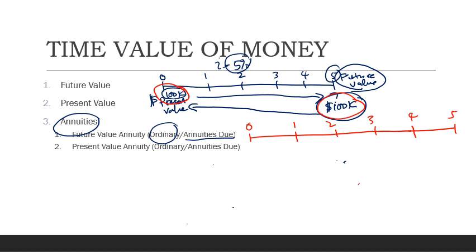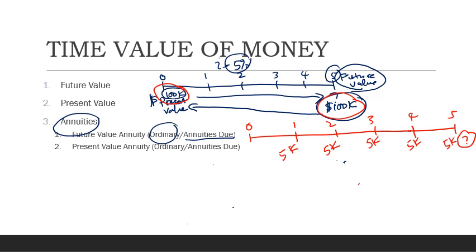what happens if, say, you put a 5k amount at year 1, another 5k at year 2, 5k at year 3, 5k at year 4, and 5k at year 5. So what is the future value amount from the series of 5k deposits each year?